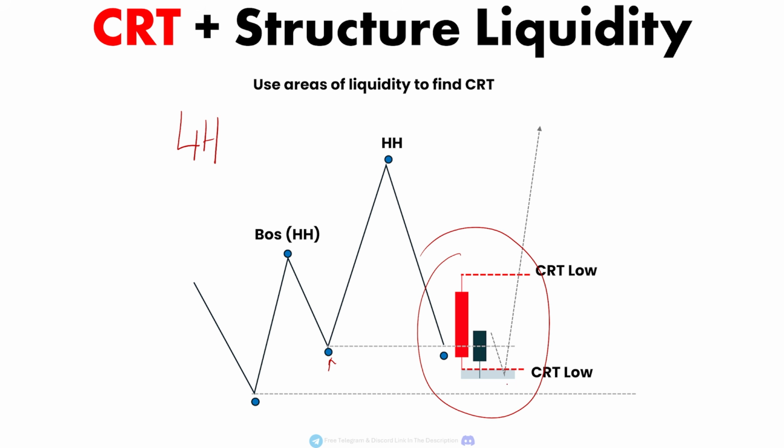So here in the lower time frame, you are going to look to enter the market below the CRT low. This is the CRT high. Then here, this is where you'll be looking to go long in the lower time frame if you are in the 4 hours. When price crosses this CRT low, and then you enter the market long, you target this high.